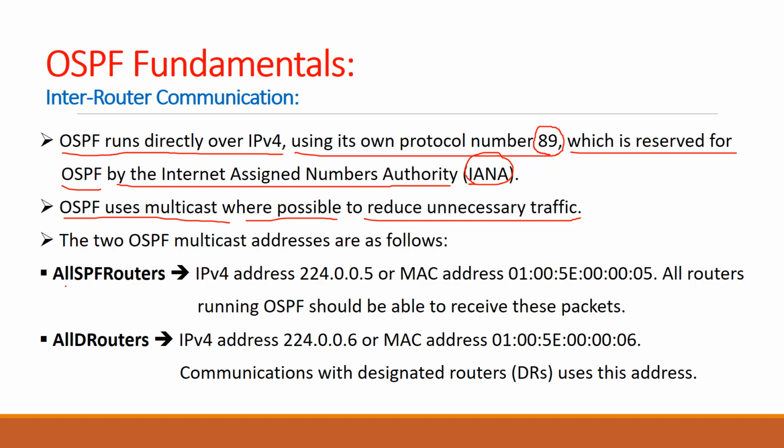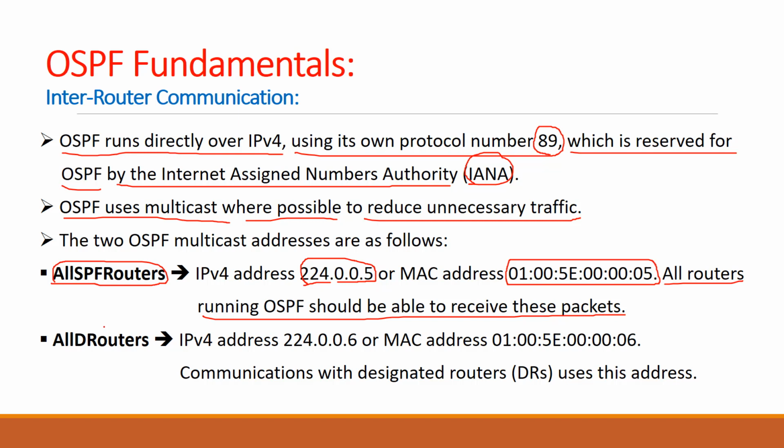And these two multicast addresses are 224.0.0.5, for all shortest path first routers. And the MAC address looks like that. It ends with 05. It means all routers running OSPF should be able to receive these packets.